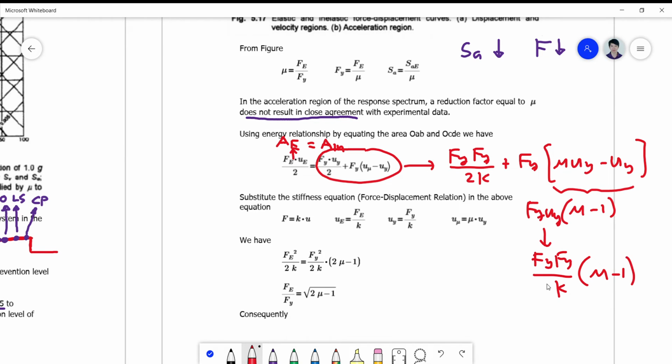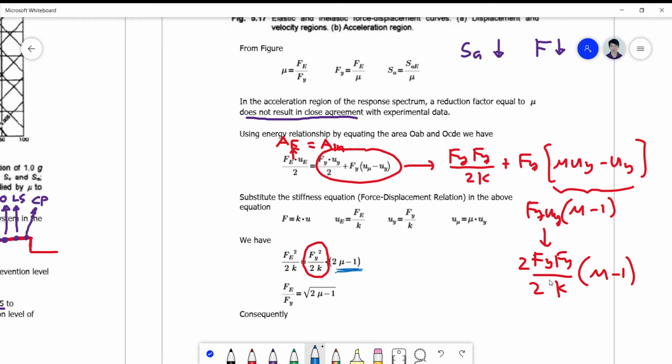Okay, so this mu minus 1 is multiplied by 2. If I multiply this by 2 here, I have to divide it by 2 such that this will be a common denominator to be inserted here. So what we are deriving at is only this 2 mu minus 1.